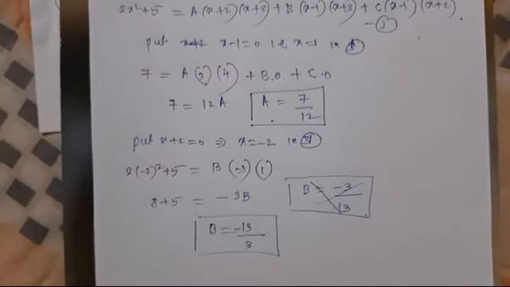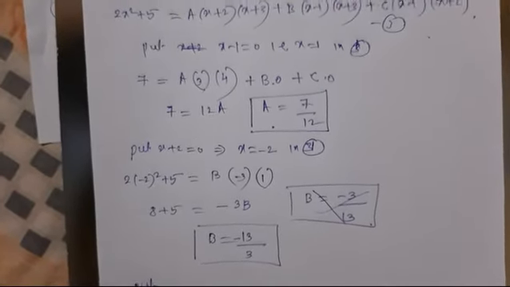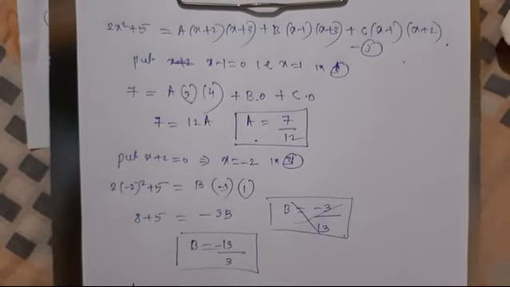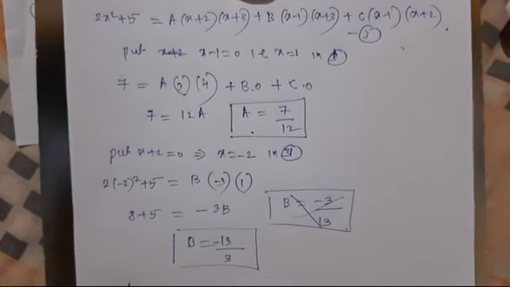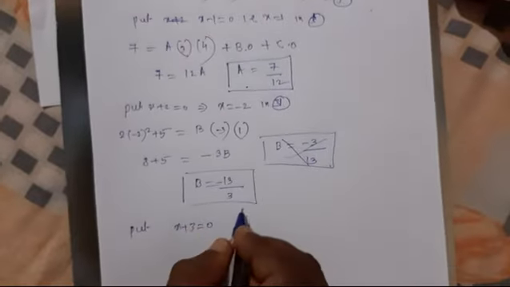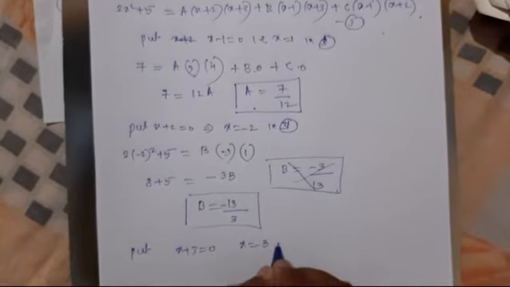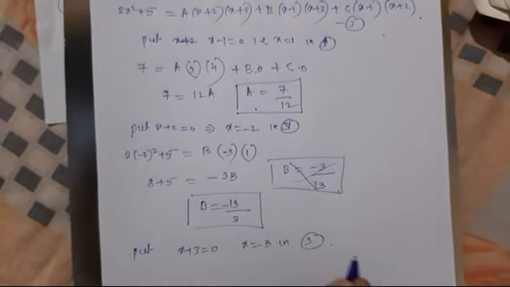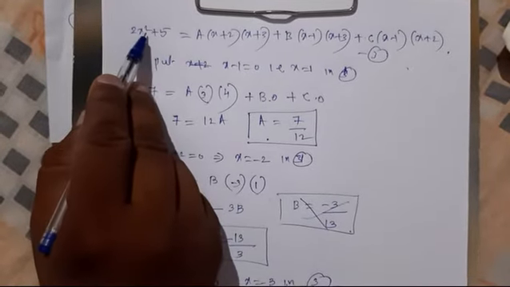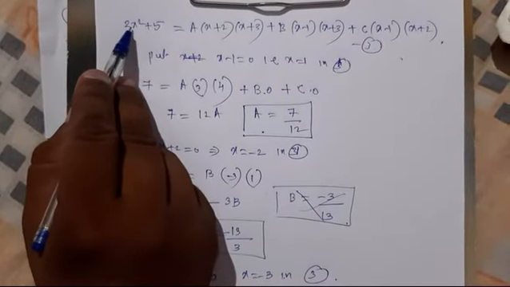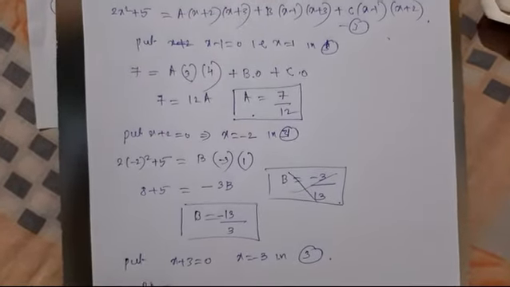Similarly, I will find the value of c. For that I will put x plus 3 is equal to 0. That is, x is equal to minus 3 in equation number 3. So equation number 3 becomes, if I put minus 3 square, 9 into 2 is 18, plus 5 this becomes 23.